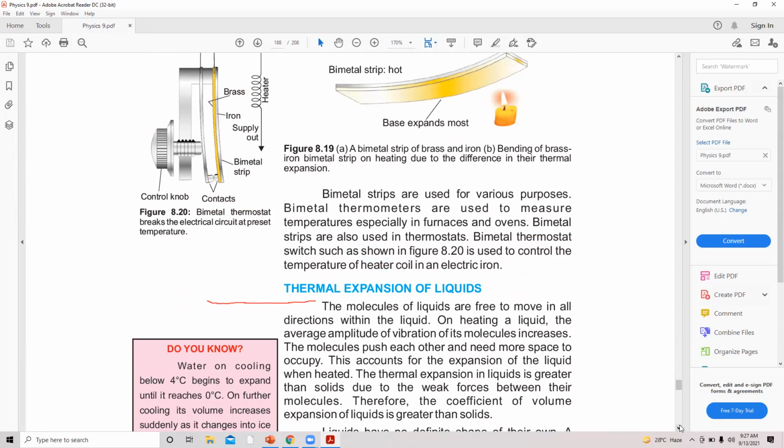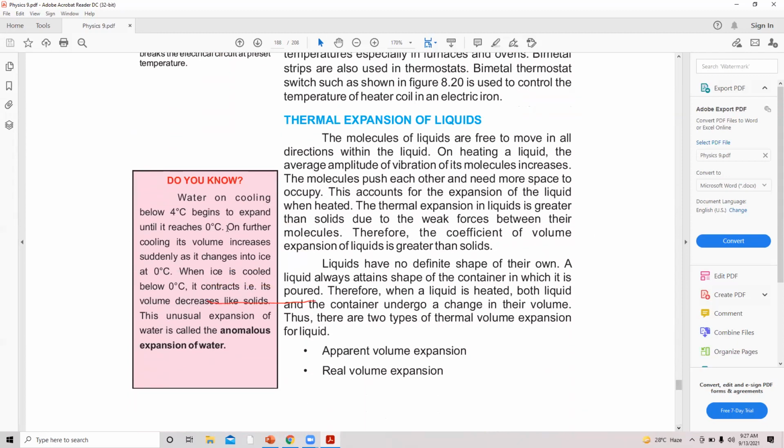Then you know about the thermal expansion of liquid. Then there is a very important side information given in the side of thermal expansion of liquid, that is why there is anomalous expansion of water, because from 4 degrees centigrade to 0 degree centigrade, the water has an abnormal property, it starts expanding. So you must know that, right?